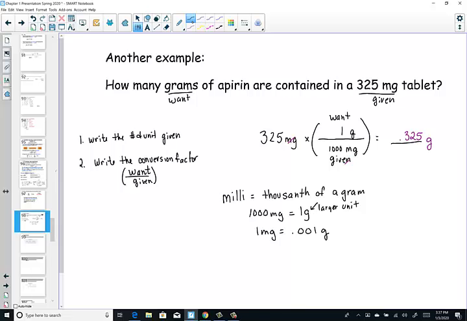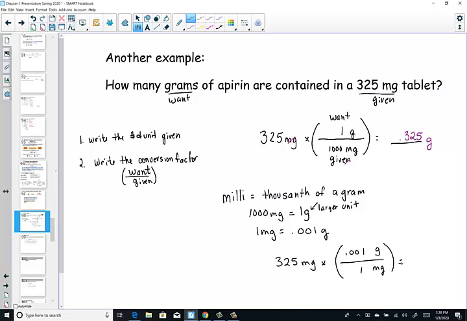Suppose, just to prove it to ourselves, that we had written our conversion factor by using the want over given, but saying that there is 0.001 grams in a milligram. Instead of having the 1 next to the gram, what if we placed it next to the milligram?